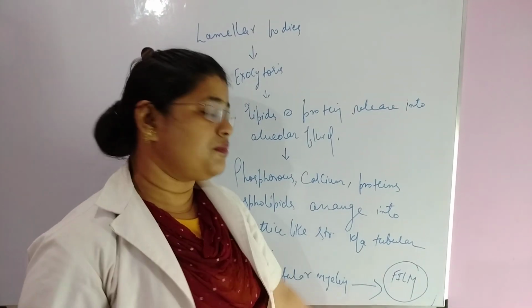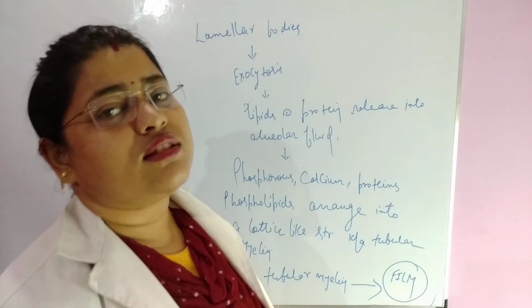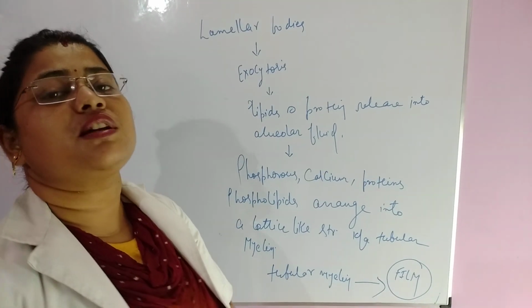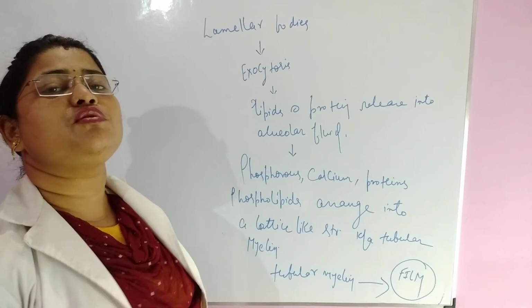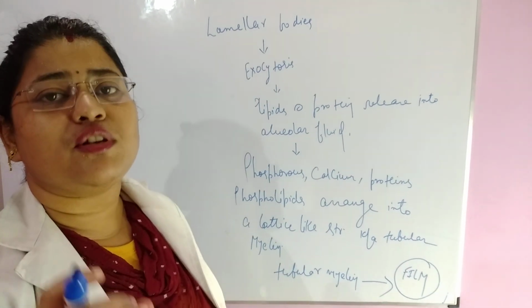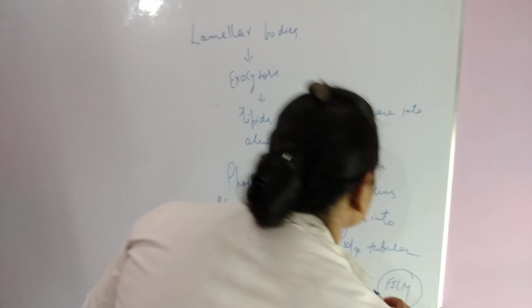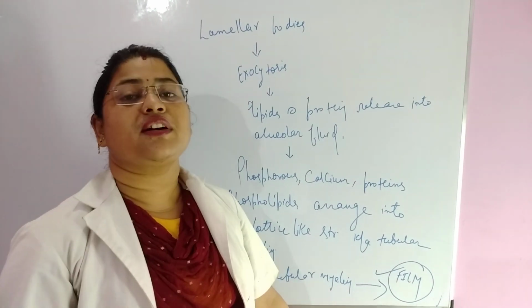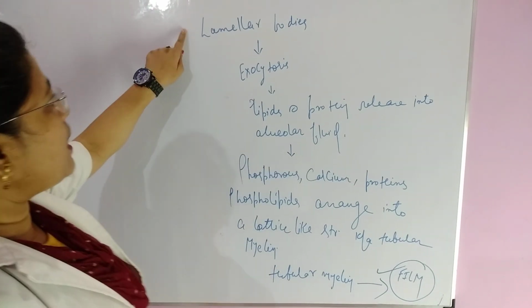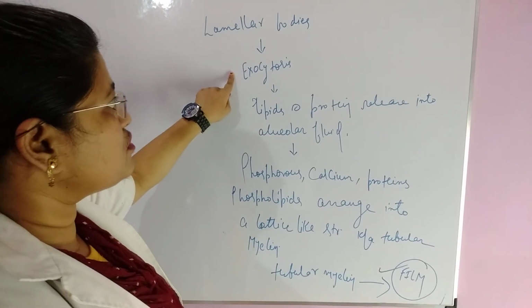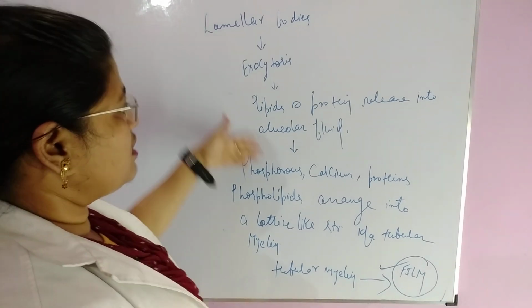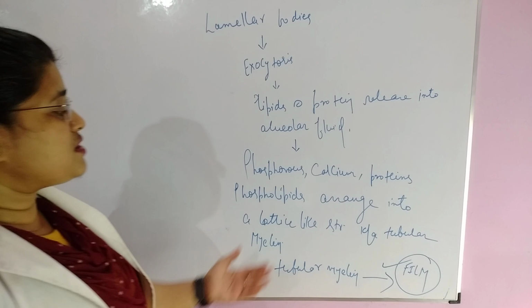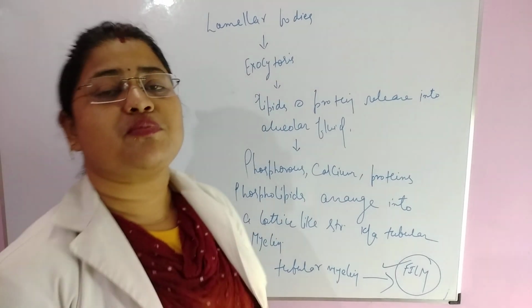And this film spreads over the entire surface to reduce surface tension of the alveolar membrane. So this is the production of film or pulmonary surfactant through lamellar bodies, exocytosis, release of lipids and proteins in alveolar fluid, and presence of phosphorus, calcium and proteins.